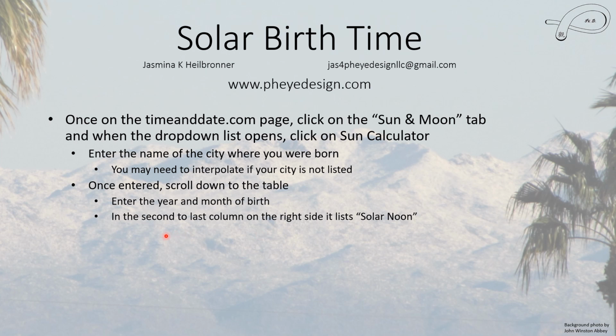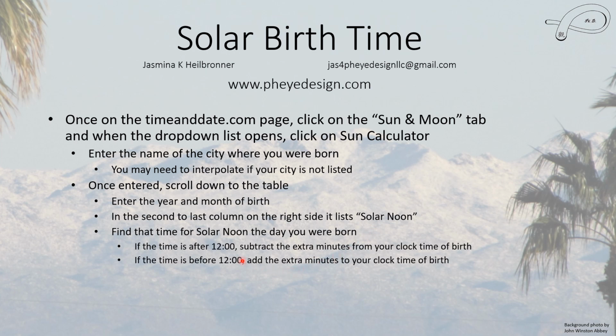Then in the second to last column on the right-hand side, you're going to look for the column that says solar noon. For your year and month of birth, you will have every day listed. You want to look for the solar noon time on the day you were born.